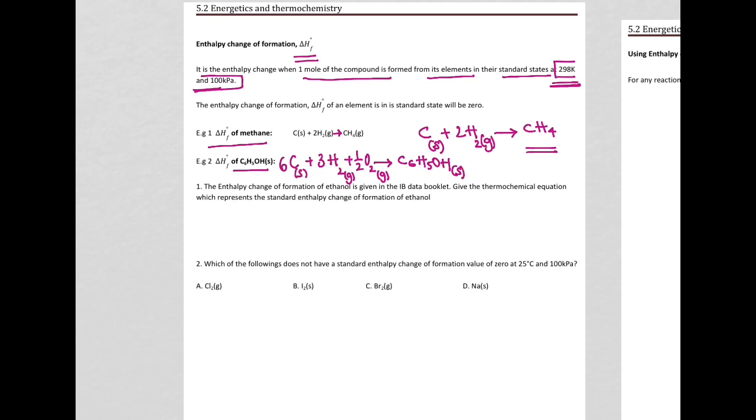Now let's take the example of ethanol. Ethanol is C2H5OH. So similarly, to write the thermodynamic equation which represents the standard enthalpy change of formation for ethanol, C2H5OH is made up from carbon, hydrogen, and oxygen.